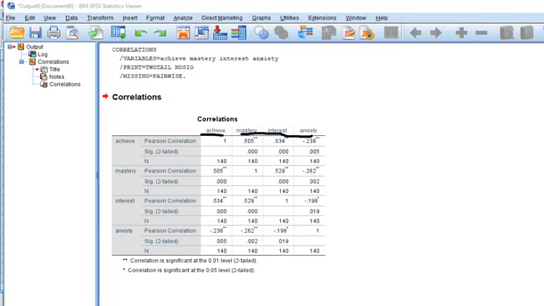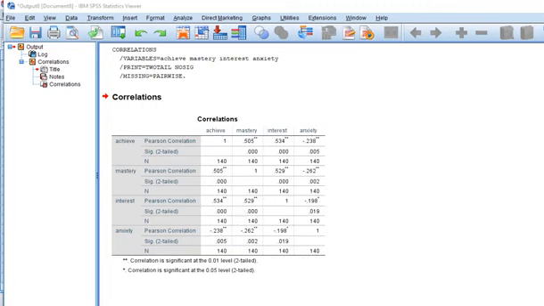You can see that achieve is correlated positively and significantly with mastery, with interest, and it's also negatively correlated with anxiety, which is what you would expect. Being higher in anxiety ought to be associated with lower levels of achievement. Then in this part of our matrix, these are the correlations among our independent variables.